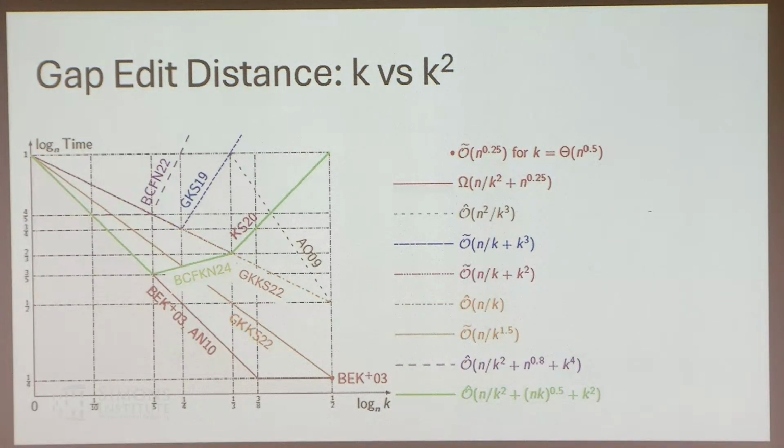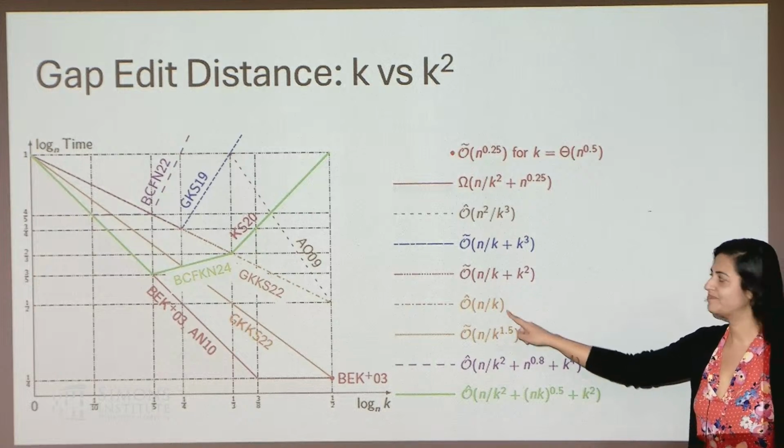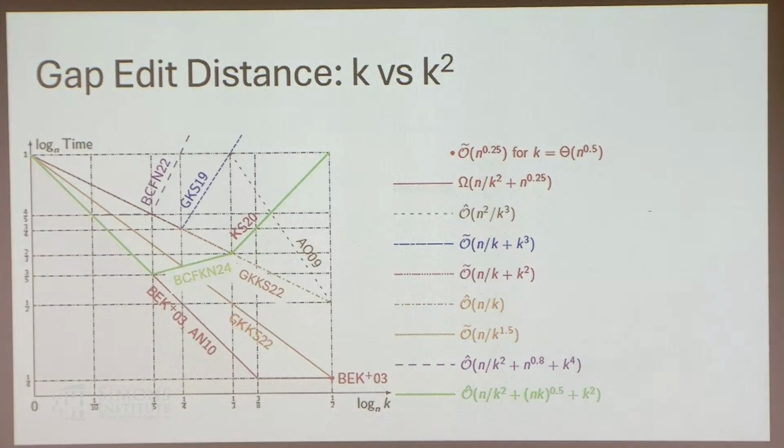So let me try to tell you a little bit about this algorithm, this n over k algorithm. This is where you are doing just non-adaptive sampling, so no polynomial dependency on k. And that's also because we are not really looking at the string. We are completely oblivious about whether the string is periodic or non-periodic.